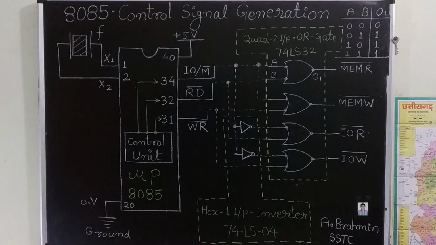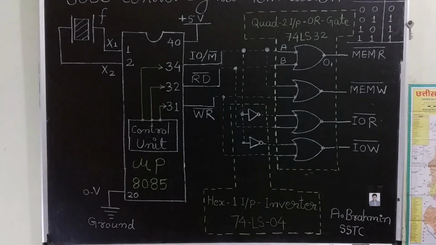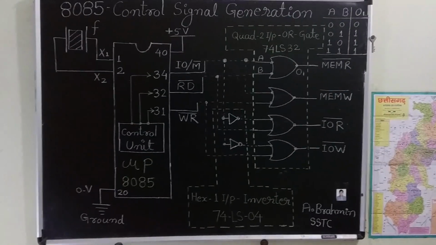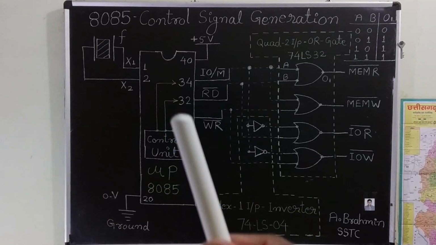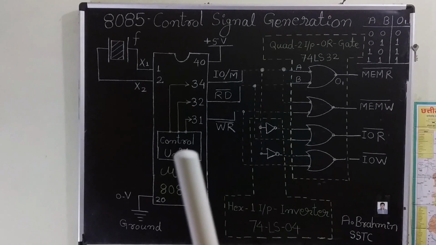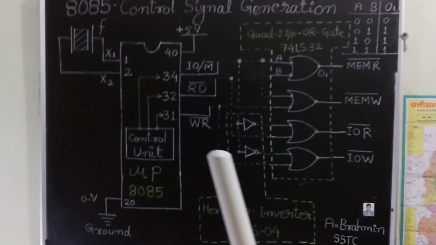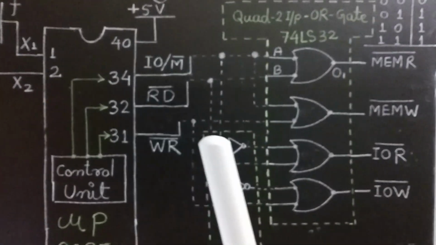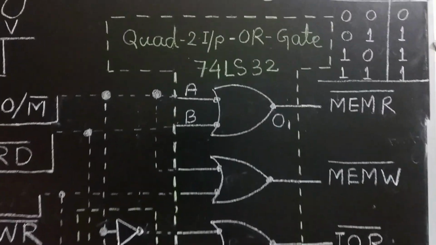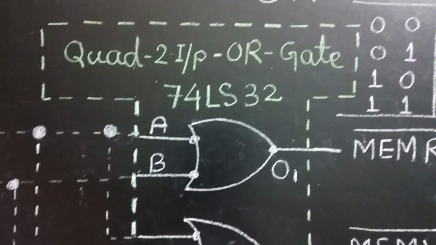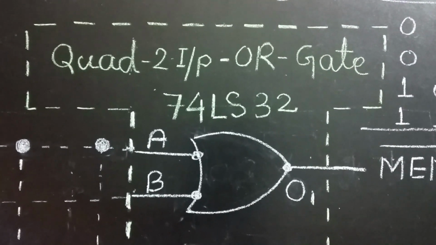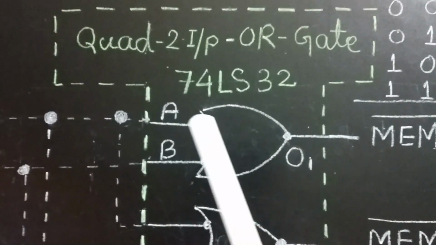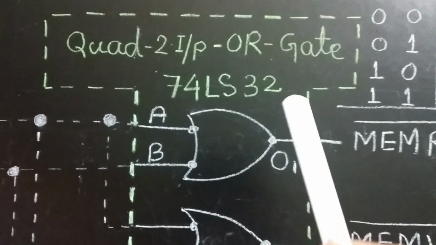For generating these 4 signals we require additional hardware, since the microprocessor is generating only the 3 control signals. The additional hardware required is a quad 2-input OR gate, and for that we can use the IC 74LS32.